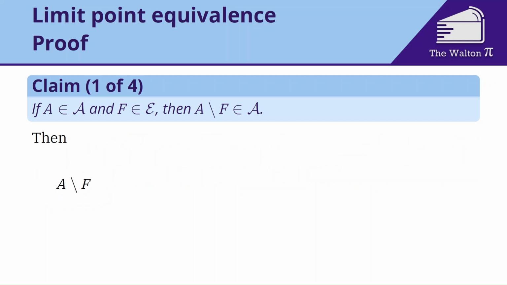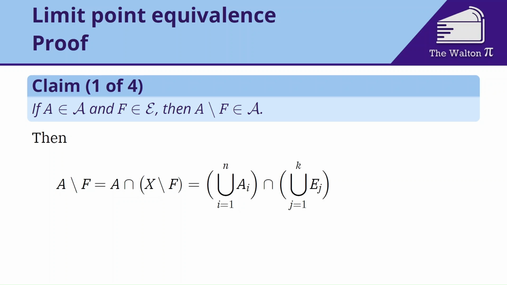So then that tells us that A minus F is the same as A intersected with X minus F. Then we are able to write that as a union of AIs intersected with a union of EJs, which, if you do some De Morgan law properties or a lot of set chasing, you're able to write as the union over I equals 1 to n and J equals 1 to k of the AIs intersect EJs.